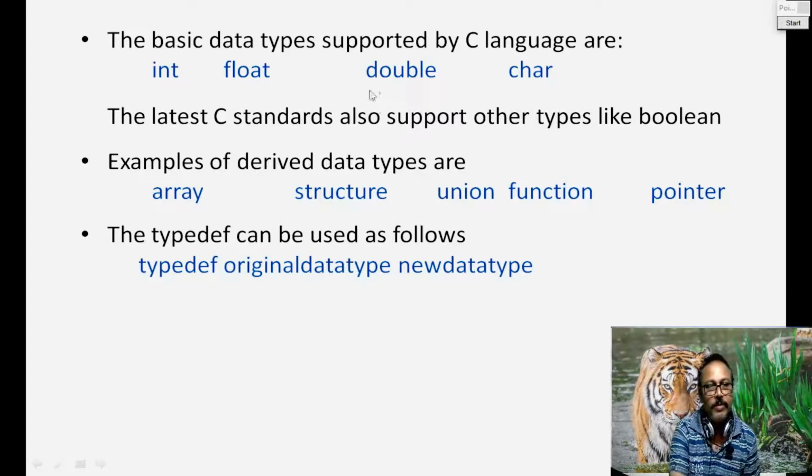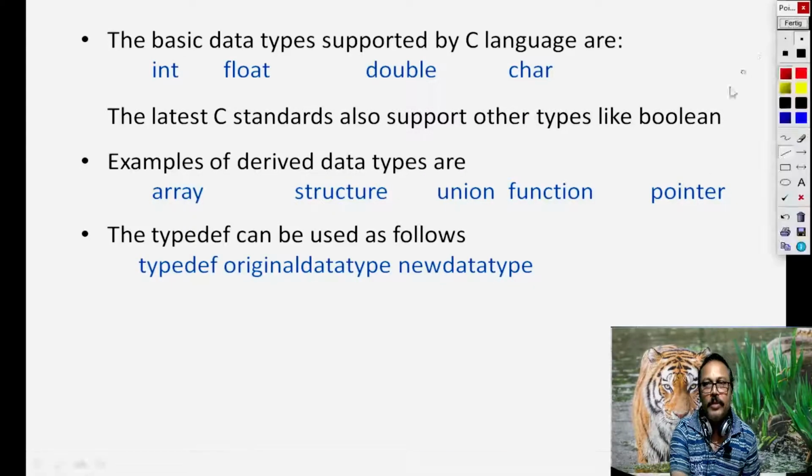Next, typedef can be used to create new data types. Like typedef, original data type, new data type. Say, for example, we are going to discuss it later, but just one example. Typedef, original data type int, new name roll number.